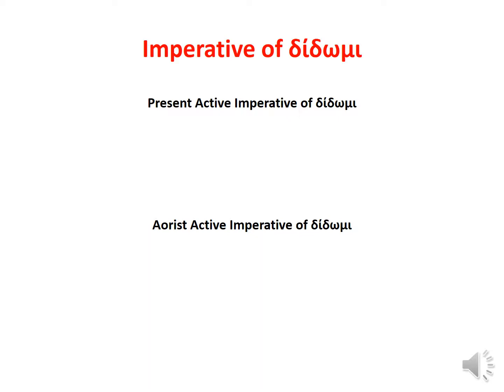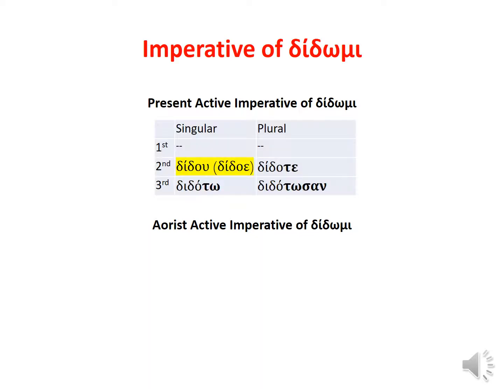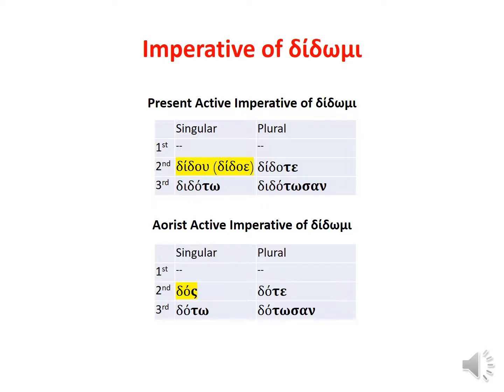The imperative of didomi. You still have your characteristic to, te, tosan. Remember, it's that second person singular form that for each of the imperatives is the difficult one. So here didou looks a little funny. And in the aorist, you still have your to, te, tosan, but it's the second person singular that looks a little funny.